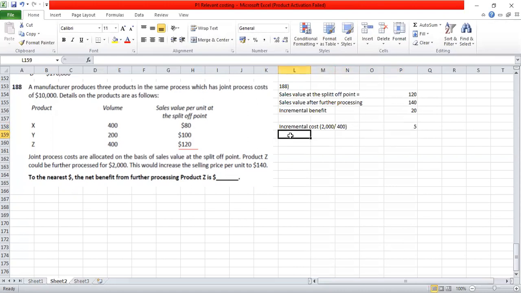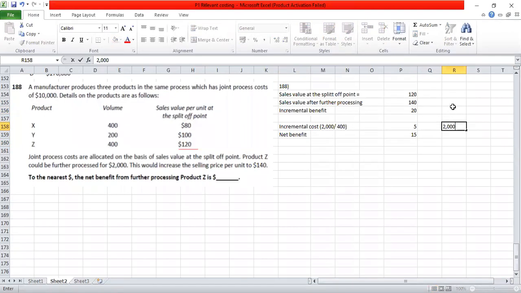So the net benefit is equal to 15. If they are getting a benefit of 20 for an incremental cost of 5, the net benefit is 15. Either we present it in units or we can also present it as a total amount, because the incremental cost is given as a total cost, which is 2000.